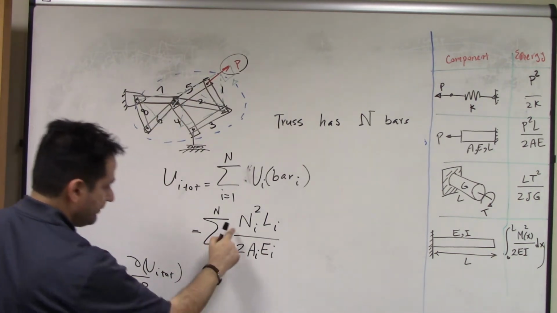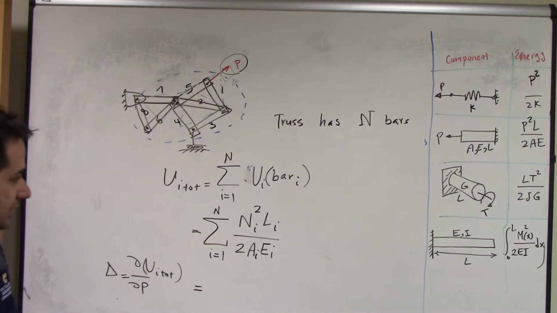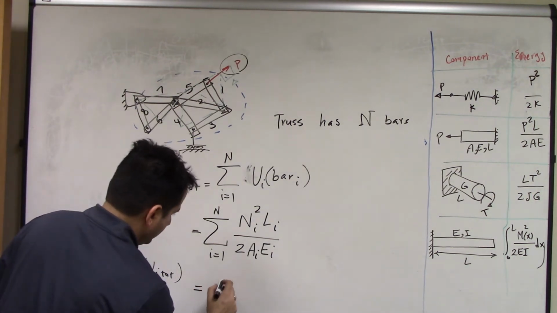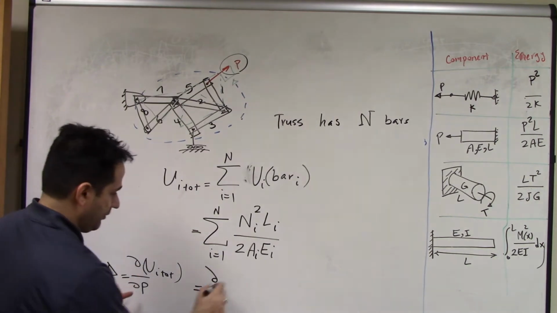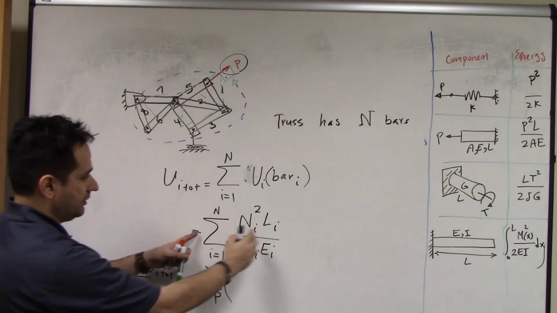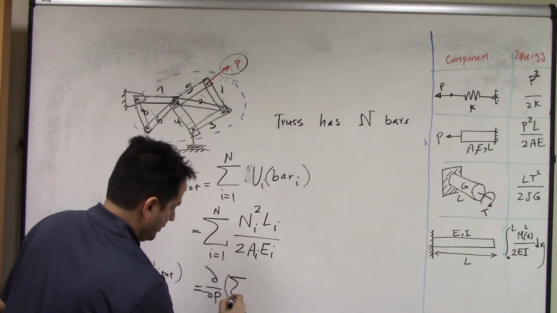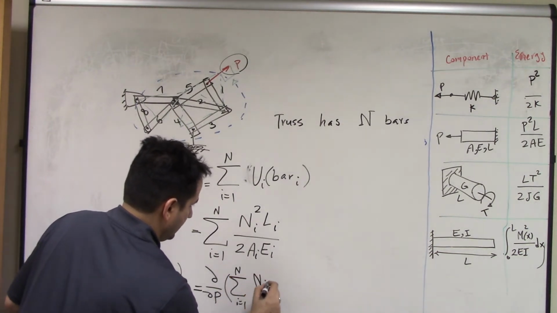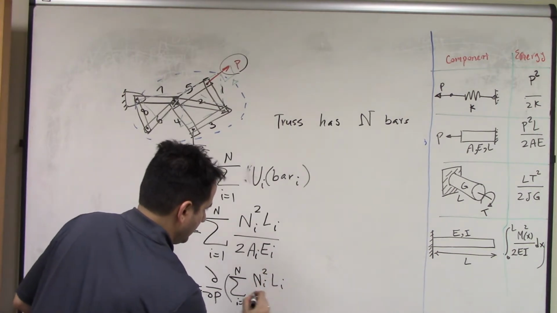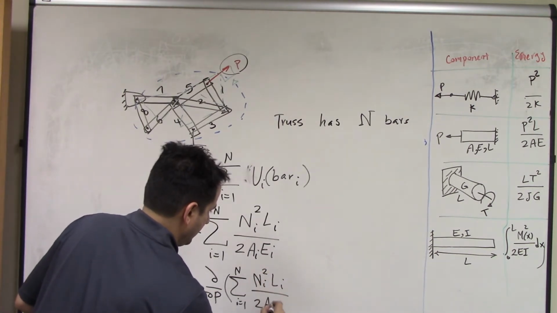So let's take the derivative of this with respect to P. Inside the parentheses, instead of U total, I use this formula: summation i from 1 to N of Ni squared Li over 2 Ai Ei.